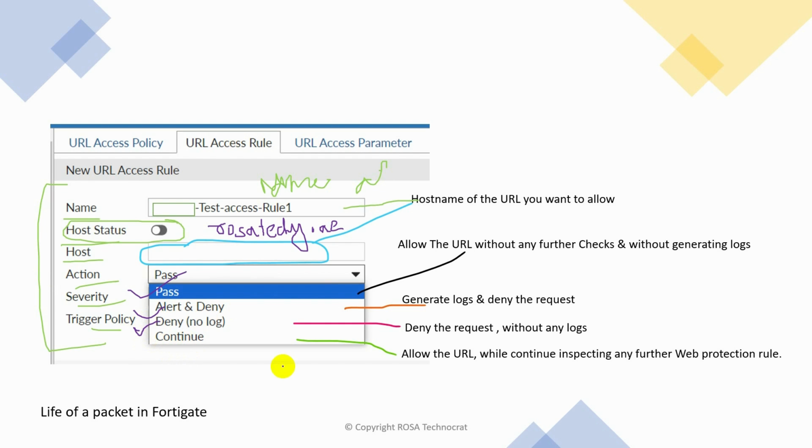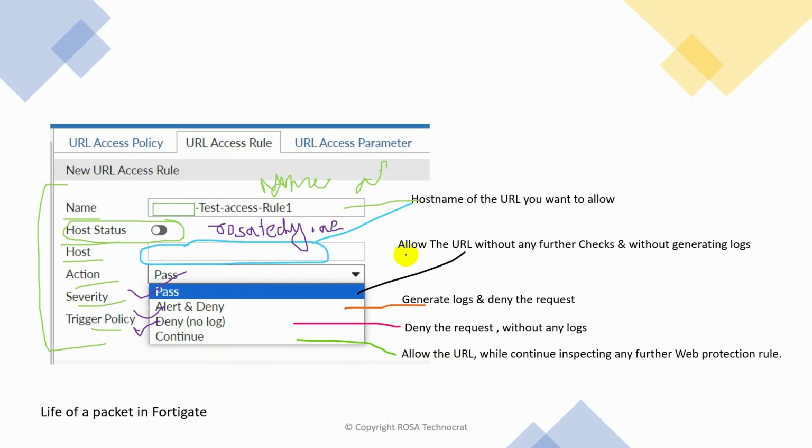And then continue means no further inspection will be done and we trust them. No more web protection profile or any other security checks will be applied, and it will simply be allowed. In the case of pass, the URL access rule is passed, but it has to go through the other security inspection checks on Fortiweb. In the case of continue, it just continues inspecting any further web protection rules.